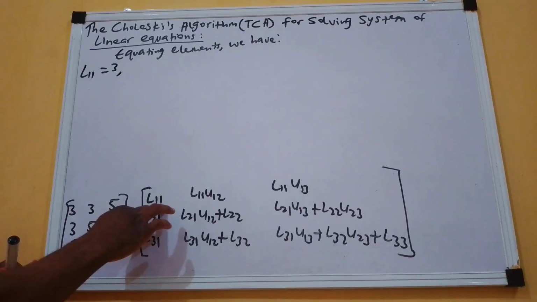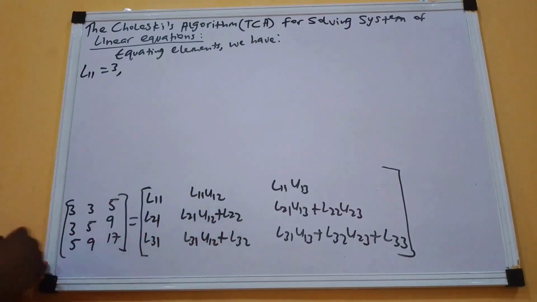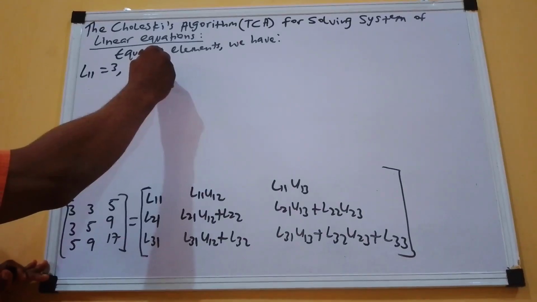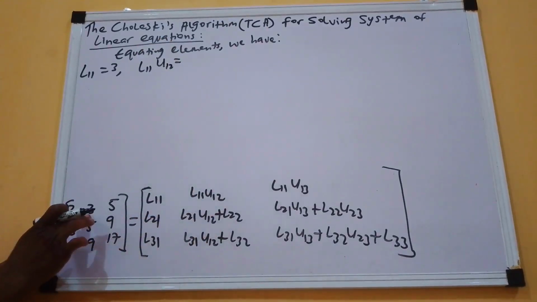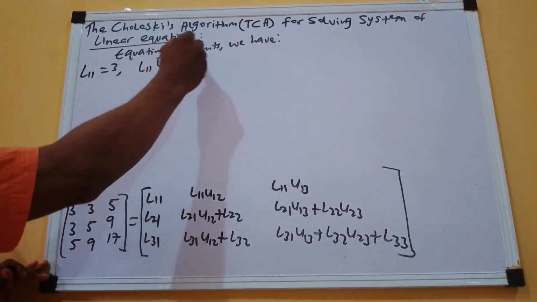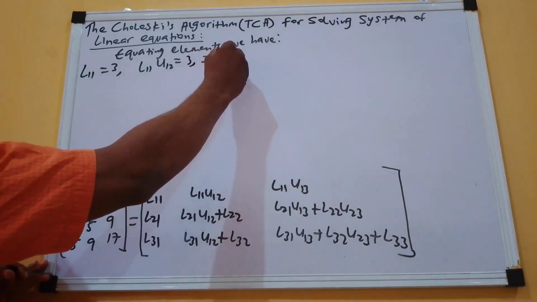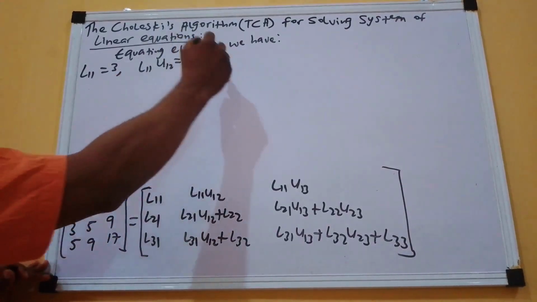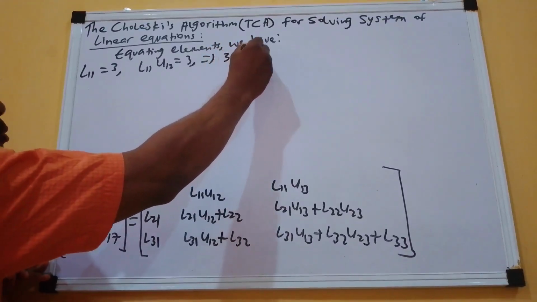If our L11 is equal to 3, then we equate U12, which is also equal to 3. So this implies that our U12, since our L11 is 3, we are going to have 3 U12 is equal to 3.